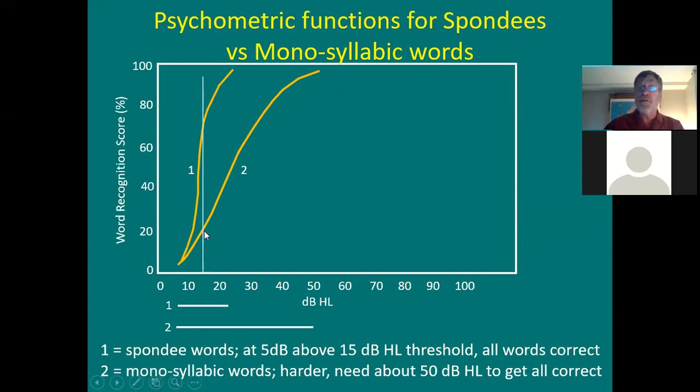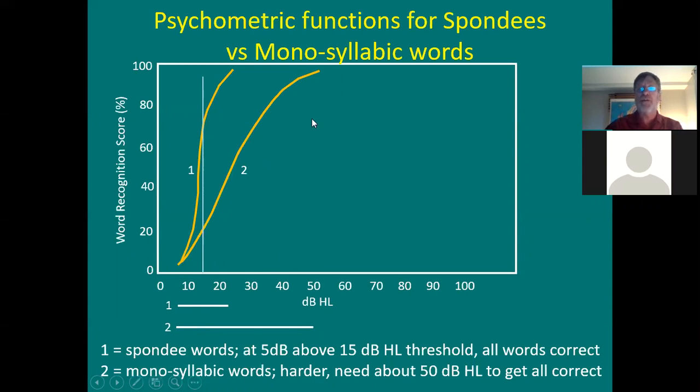If I read the words at 15, instead of usually getting them, he'll only get them about 20% of the time. If I say the words at 20, he'll get them about 40% of the time. If I say them at 30, he'll usually get them. If I say them at 40, he'll almost always get them.